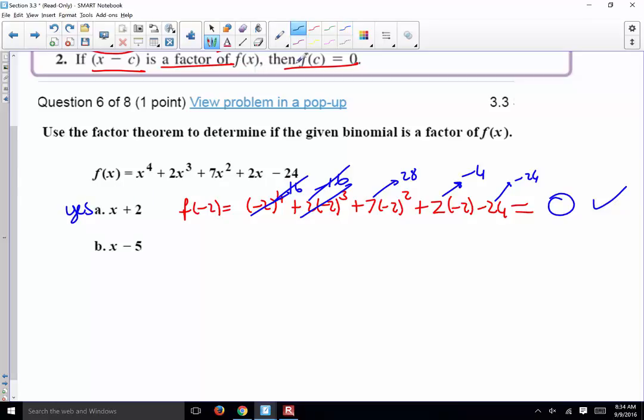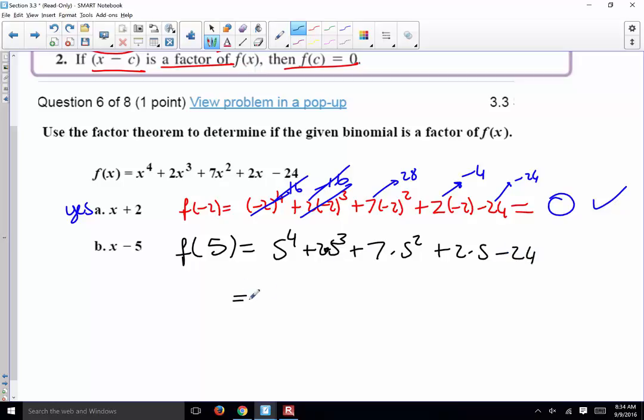How about x minus 5? What number are you going to plug in this time? Positive 5. Perfect. 5 to the 4th, 5 cubed. This is 2 times 5 cubed, not 25 cubed, okay? And 7 times 5 squared, 2 times 5, 24. That's 625.